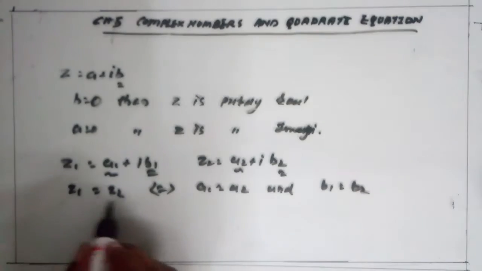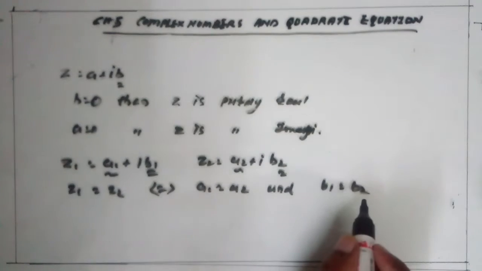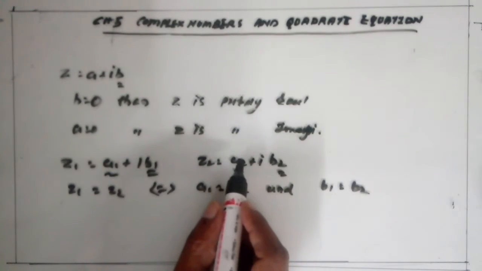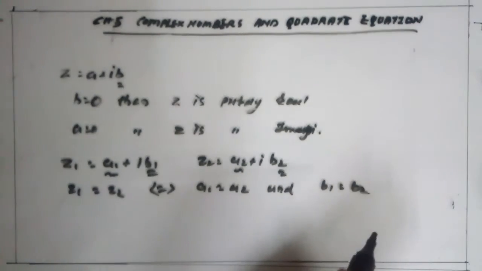Clear? So z1 equal to z2 implies a1 equal to a2 and b1 equal to b2. That is, two complex numbers are equal if its real part equal and its imaginary part also equal. Clear?